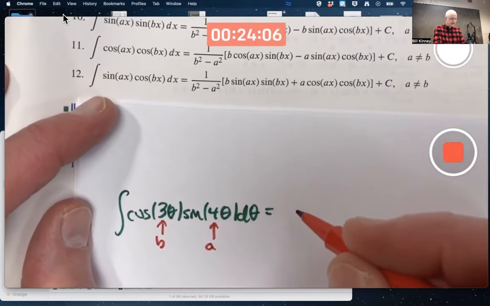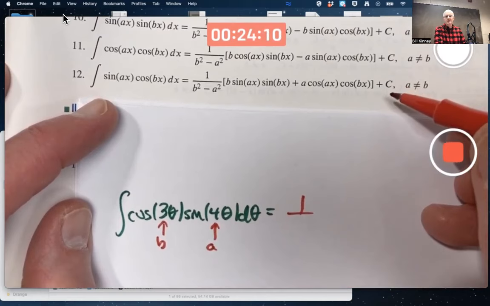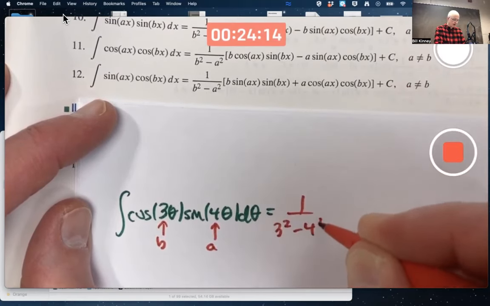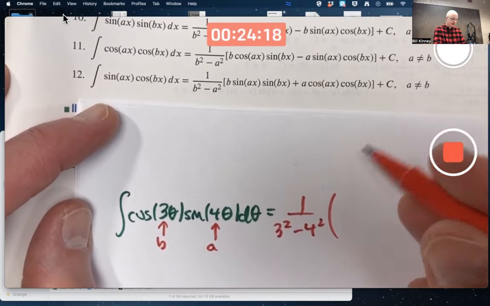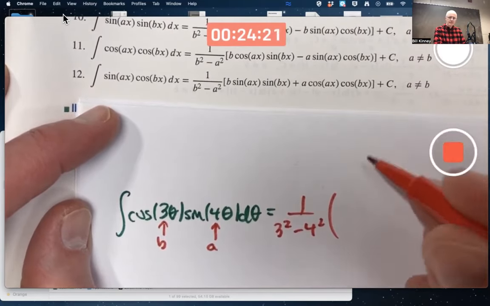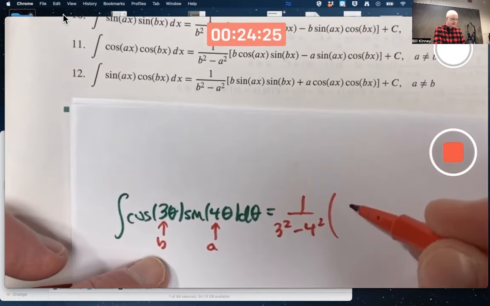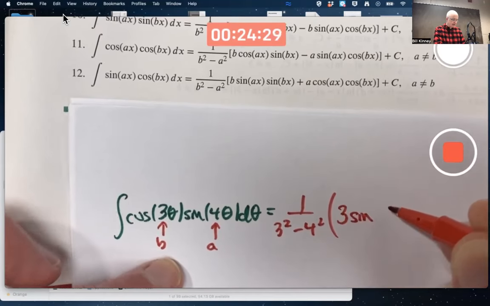Using the formula on the right side, right up here, I get 1 over b squared minus a squared, which is 1 over 3 squared minus 4 squared, times, the book uses square brackets, but I can use parentheses, b sine ax sine bx, b is 3 and a is 4.